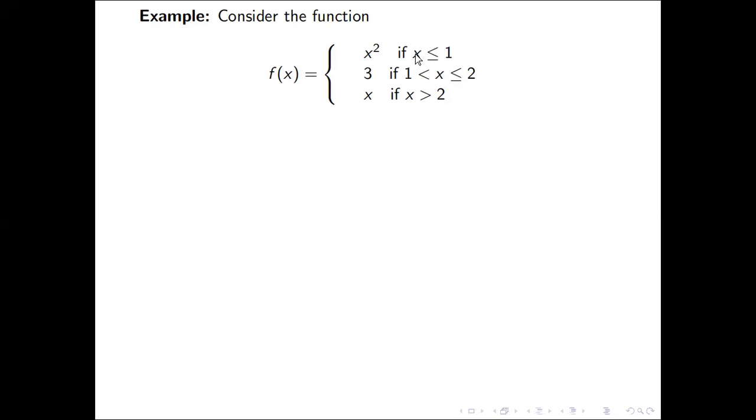So since 0 is in this subdomain, you will use this formula, not all of the formulas, because some students plug in 0 everywhere in all of the parts or subdomains. You only plug in 0 here. Why? Because this is where 0 is, less than or equal to 1. So 0 squared.